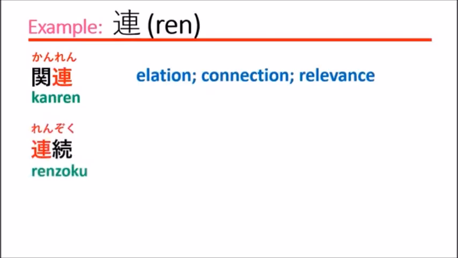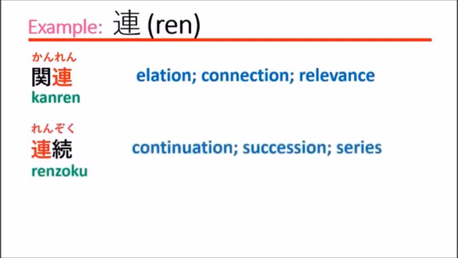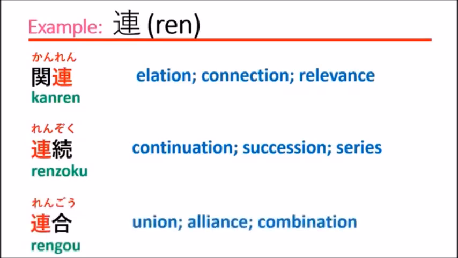Renzoku, continuation or succession or series, which means when you do something continually, that means renzoku in Japanese. Rengo, which means union or alliance, combination.